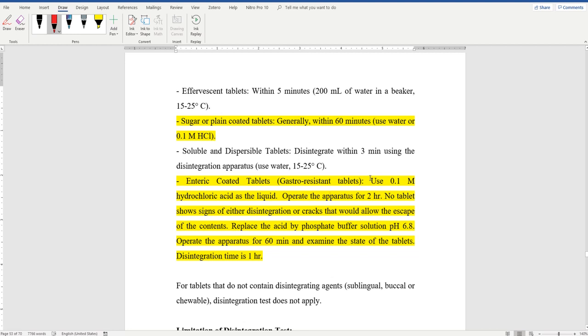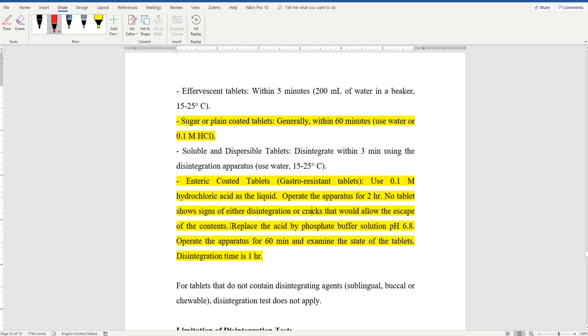Right? That's why first you will use 0.1 M HCl acid as a medium. So the tablets will be used in acidic medium. What should happen? Nothing should happen. So you operate the apparatus for 2 hours and no tablets should show any sign of disintegration or even crack, because crack means the drug can be released.